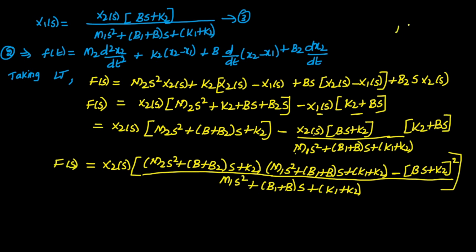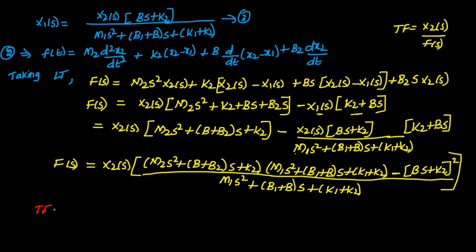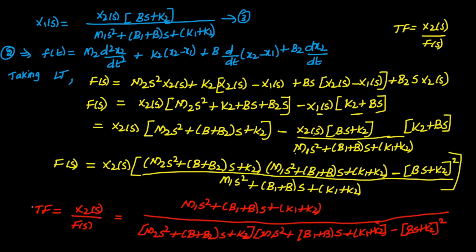So our aim is to find the transfer function, that is x2 of s divided by f of s. Okay, just we are rearranging all these terms, that is m1 s square plus b1 plus b into s plus k1 plus k2 divided by, so this is our required transfer function.